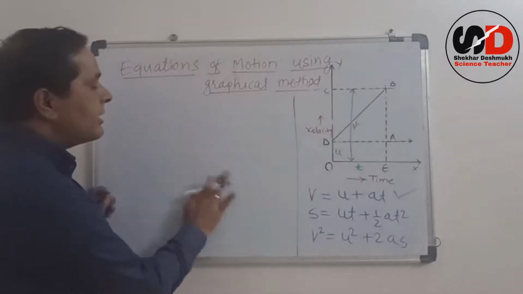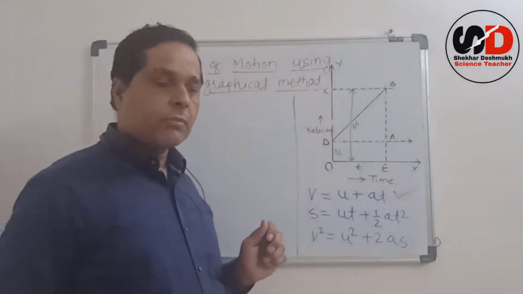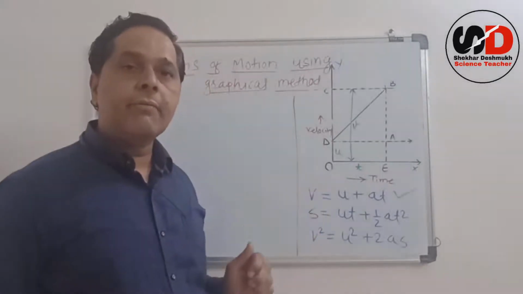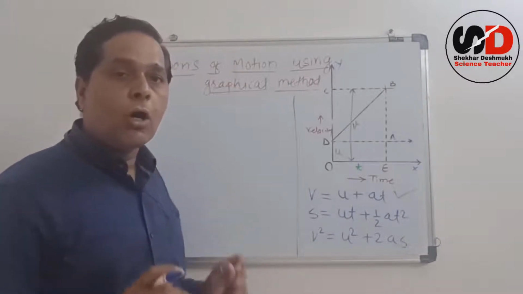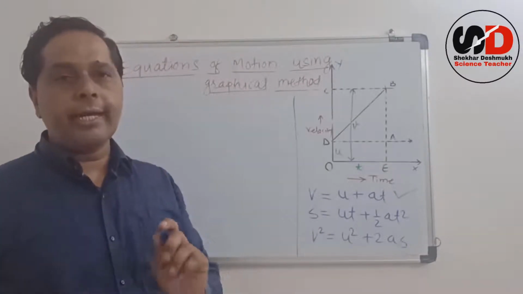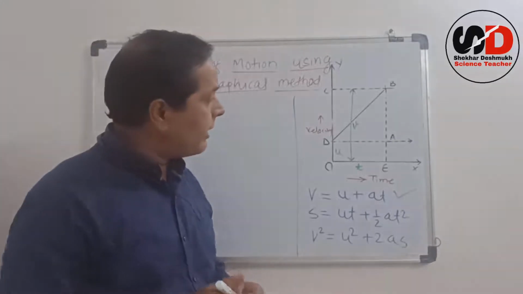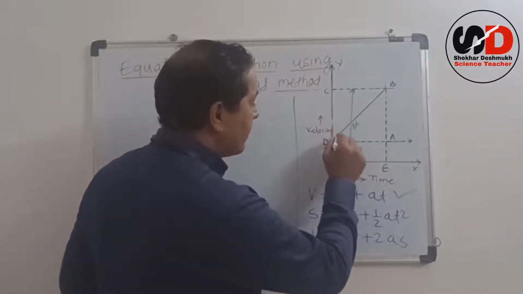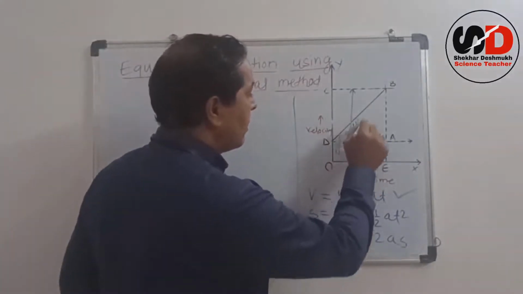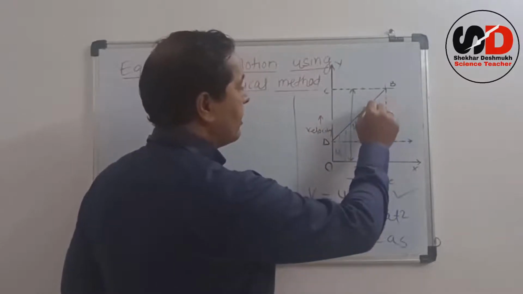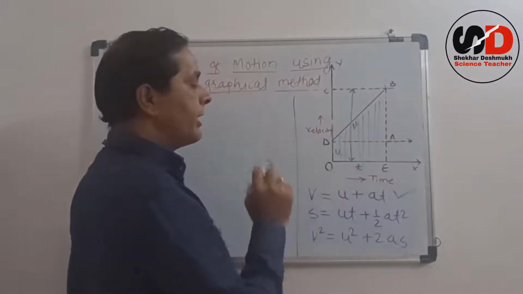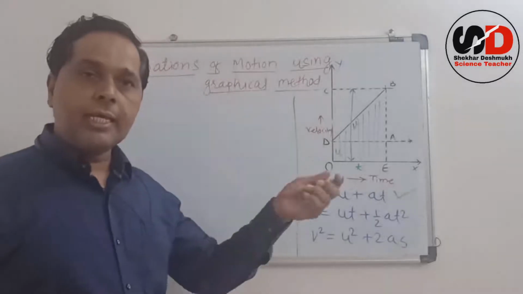So from this graph, the distance covered by the object is given by the area of the quadrangle. Which quadrangle? The area of the quadrangle. This much I will shade. This shaded area that we saw in the last video.